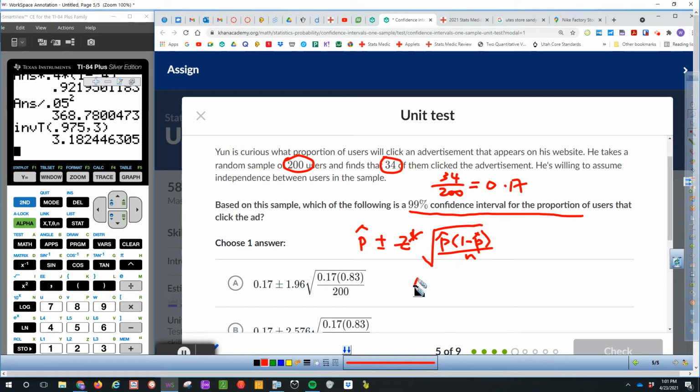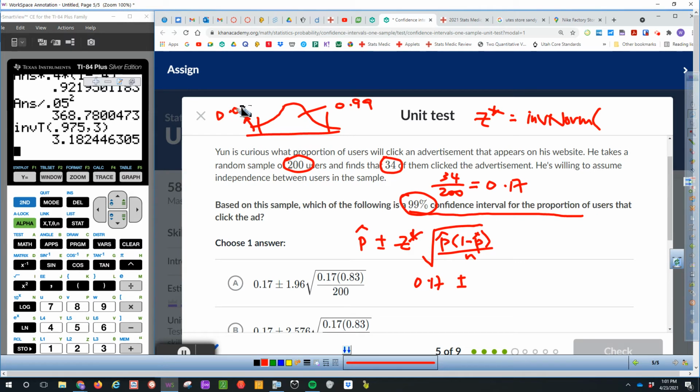So I need to do 0.17 plus minus a z star, and z star is inverse norm of 99%. 99% is 0.99, and this tail adds up to 0.01, and half of it is 0.005, and this will be 0.005.